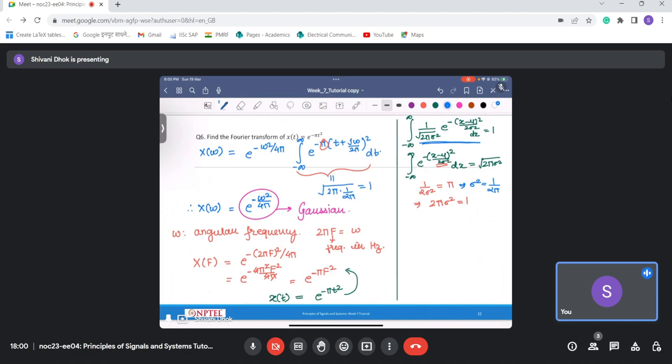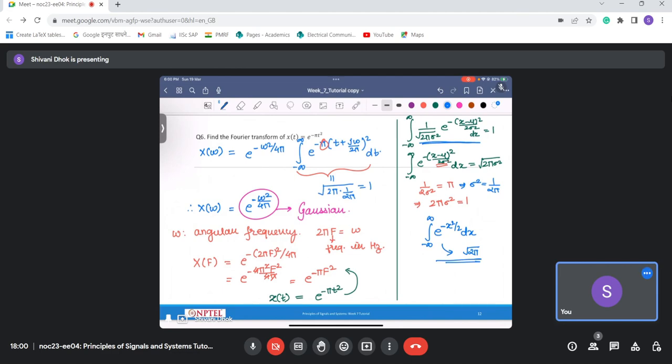Maybe integrating this may lead to some complications. Or you may try to integrate minus infinity to infinity e power minus x square by 2 dx. This should give you root 2π. This will include the gamma function.